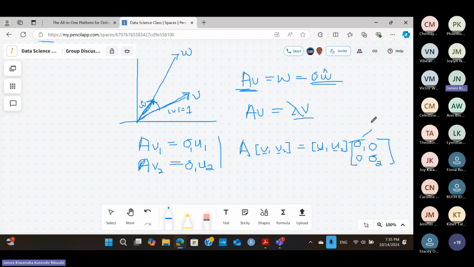So this matrix here is what we call sigma. Now you have a matrix here, V. You can choose V1 and V2 to make an orthogonal matrix. The columns of the matrix V are just these vectors, V1 and V2.